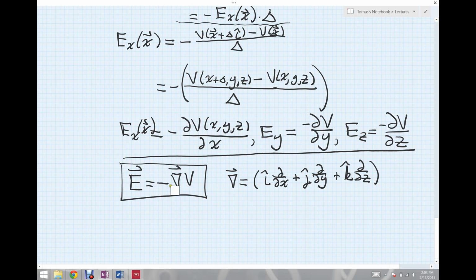And what this formula tells you is that to get the electric field, you can get back all of your vector nature of that electric field, but no more sines and cosines. Now you just have to take this gradient. To get the components of your electric field vector, it's as simple as taking a couple of partial derivatives. So that's a very powerful result.